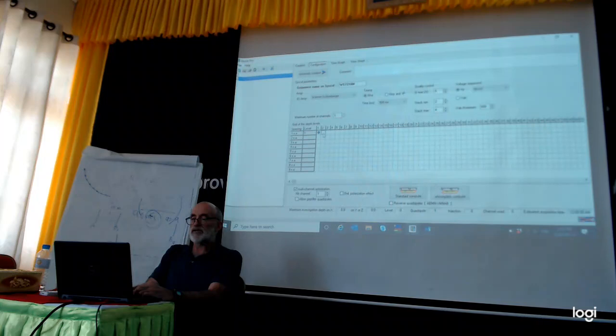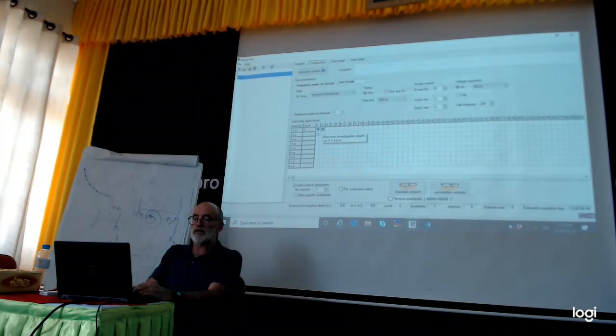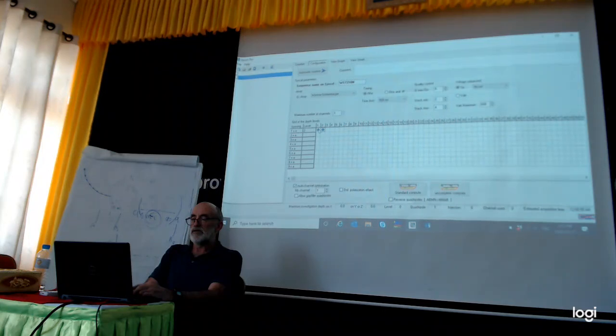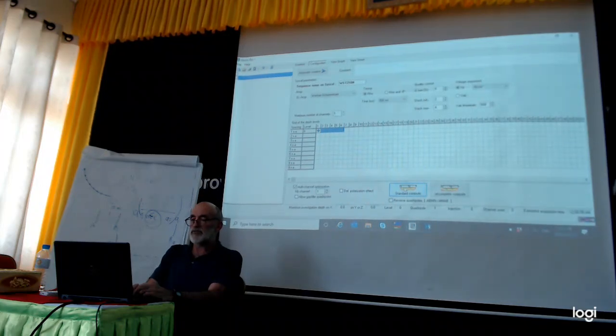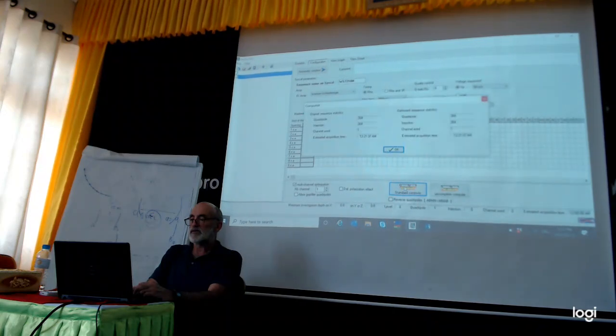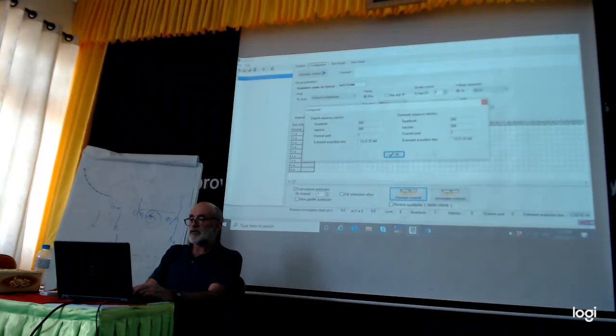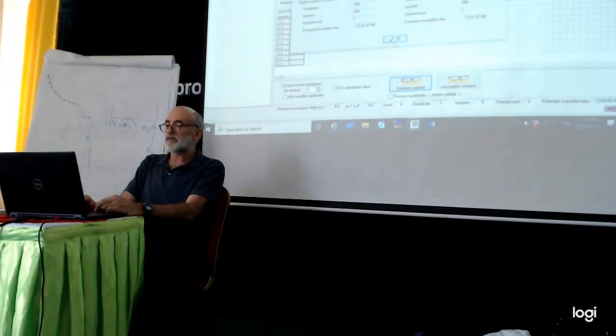So remember, you can double click to turn a cell on, or you can just highlight them like this. So let's just see what that turns into when we standard compute. Remember, this means it would take 21 minutes to collect, not 12 hours.